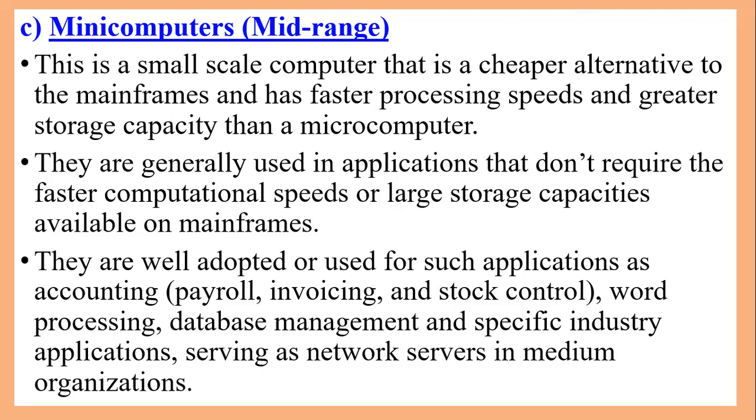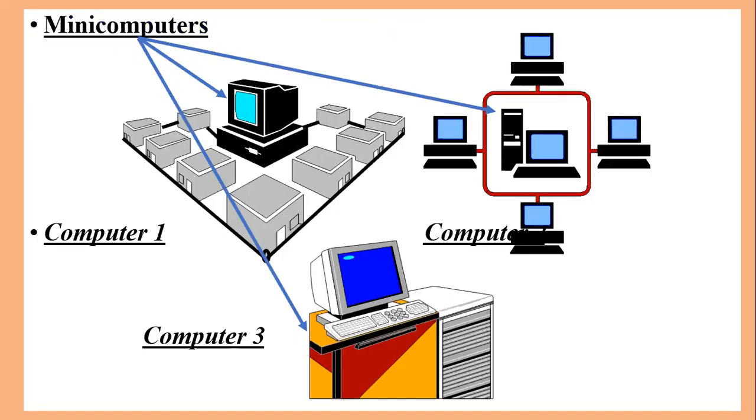They are well adopted for such applications as accounting, that is, execution of payroll, invoicing, and stock control tasks, word processing, database management, and specific industry applications, serving as network servers in medium organizations.